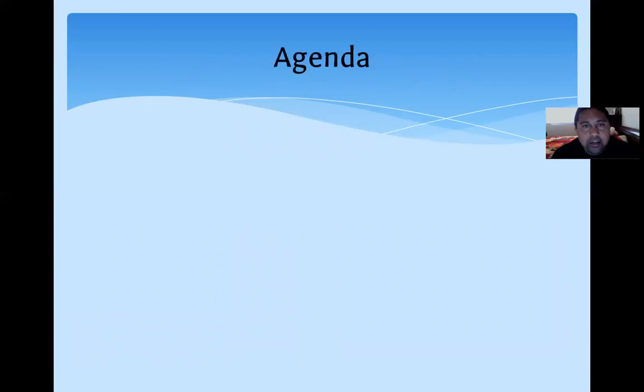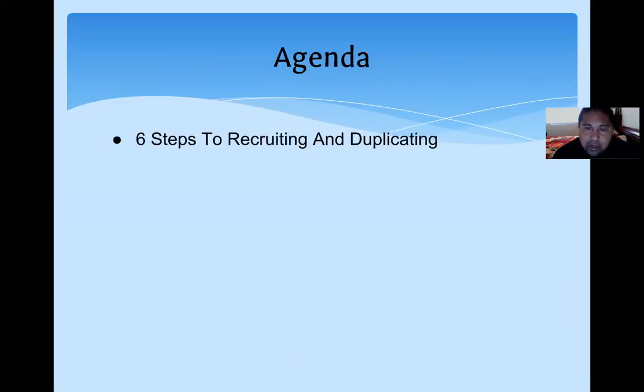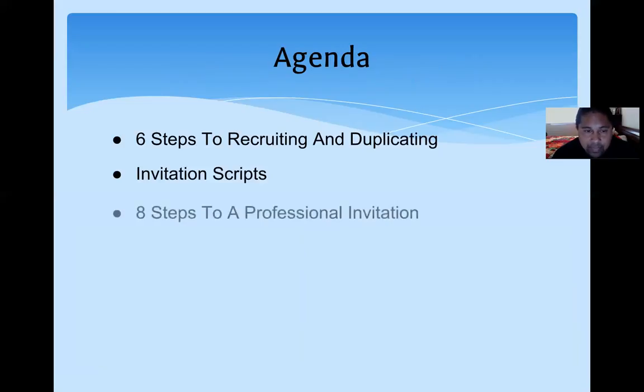So what's the agenda? The first thing we're going to cover are the 6 steps to recruiting and duplicating. Then we're going to go over some invitation scripts, which is very important when you're inviting people. Then we're going to break it down further with the 8 steps to a professional invitation.